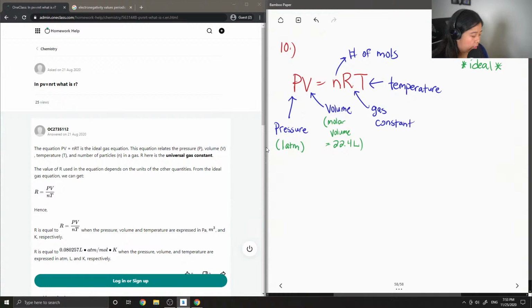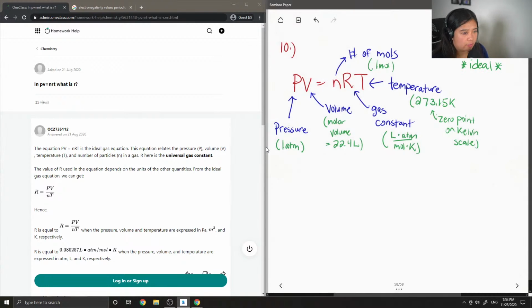And I will solve for the gas constant, but I'll just write down its units, which is liters times atm over mole times Kelvin. And for temperature, I will input 273.15 Kelvin, which is the 0 point on a Kelvin scale. And lastly, for number of moles, it will just be 1 mole.